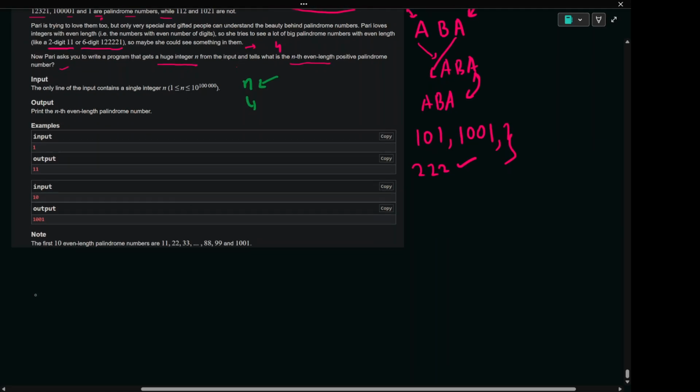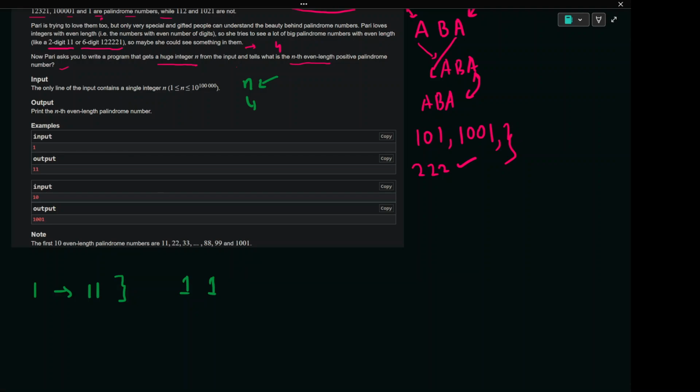For example, 1 gives 11. So the first such palindrome number is 11. Is there any palindromic number before this which is also even length? Don't forget that it must be even length and a palindrome. So the input was 1 and we got the output 11.